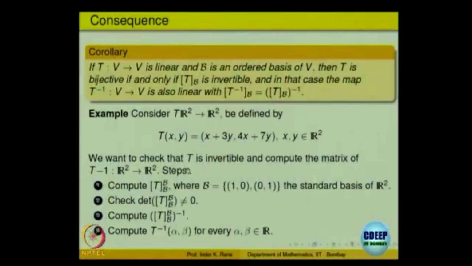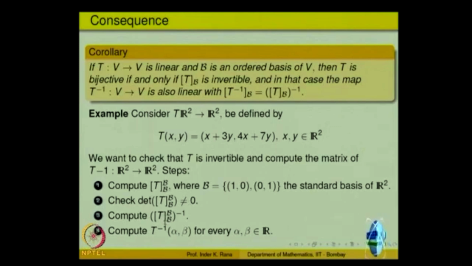So let us come back to our idea: compute the matrix of T with respect to the given basis. Here it is B and B both, but you can have a different basis in the domain and a different one in the codomain. Check whether the determinant is 0 or not. If it is not 0, it is invertible. If it is 0, it is not invertible, and the problem is over.